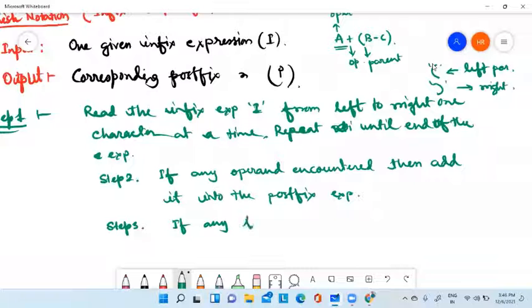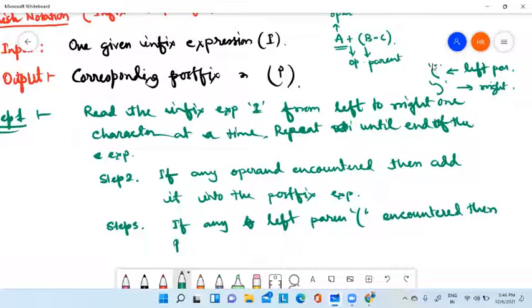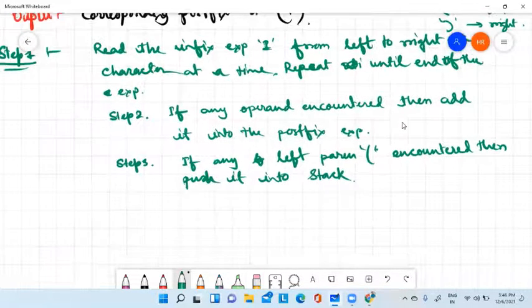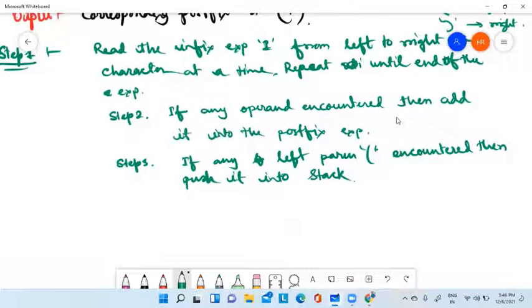If a left parenthesis is encountered, then push it into the stack. Since we are performing this infix to postfix conversion, it is assumed that we have one stack. So I will push this left parenthesis.